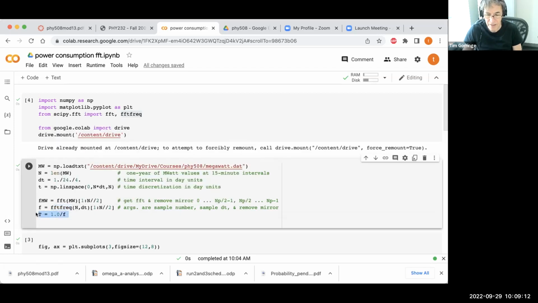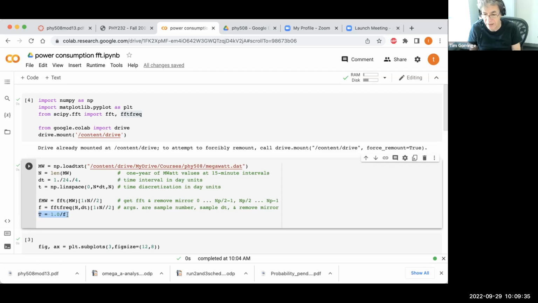One other line here. I decided I would not only plot the frequency distribution of the power consumption data, but I would also plot the period distribution of the power consumption data. So the period is just the inverse of the frequency.